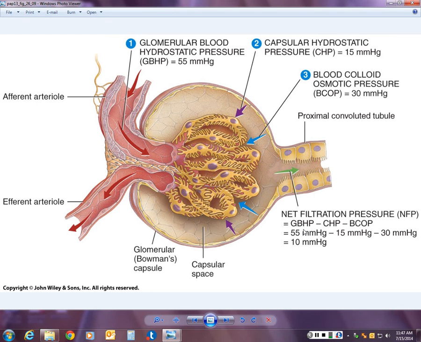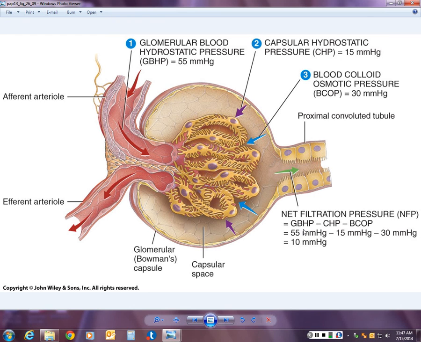Now, when we look at filtration, we also like to evaluate how much filtrate is formed over a given time period. There are different ways to measure and evaluate this, but the concept that we're starting to bridge into and talk about here is called glomerular filtration rate. The way this works is that your kidneys have to form a certain amount of filtrate per unit of time in order to maintain their proper function.